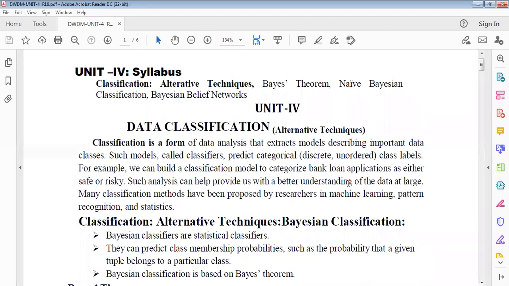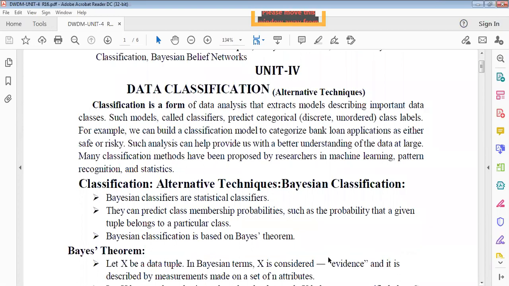Classification has alternative techniques, and one is Bayesian classification. Bayesian classifiers are statistical classifiers. They can predict class membership probabilities, such as the probability that a given tuple belongs to a particular class. Bayesian classification is based on Bayes theorem.